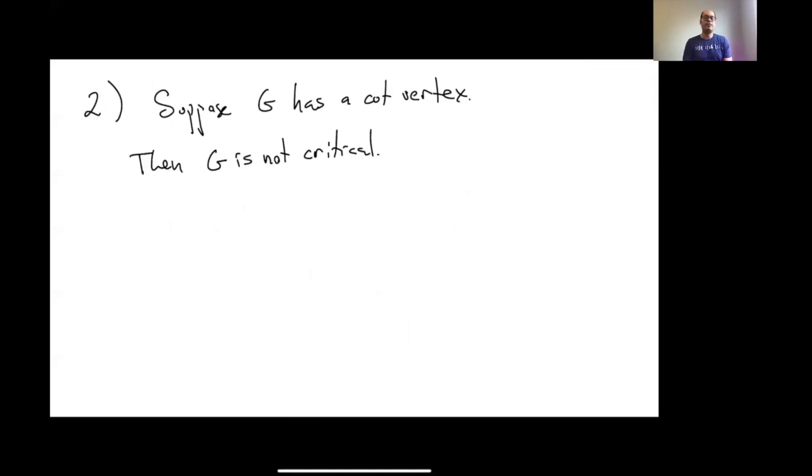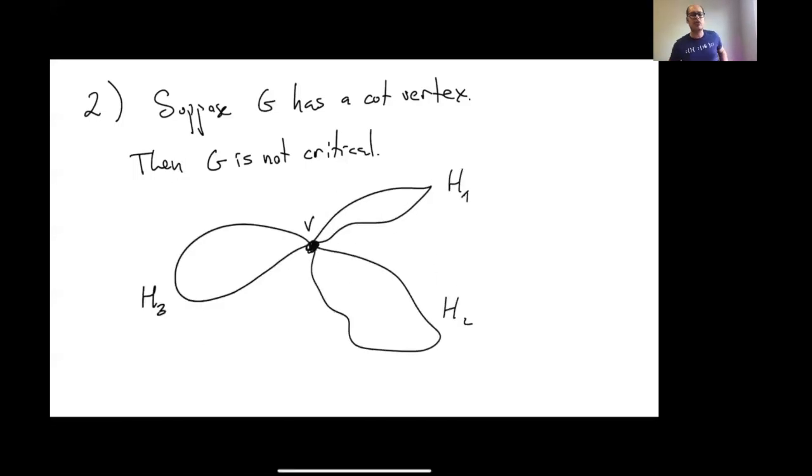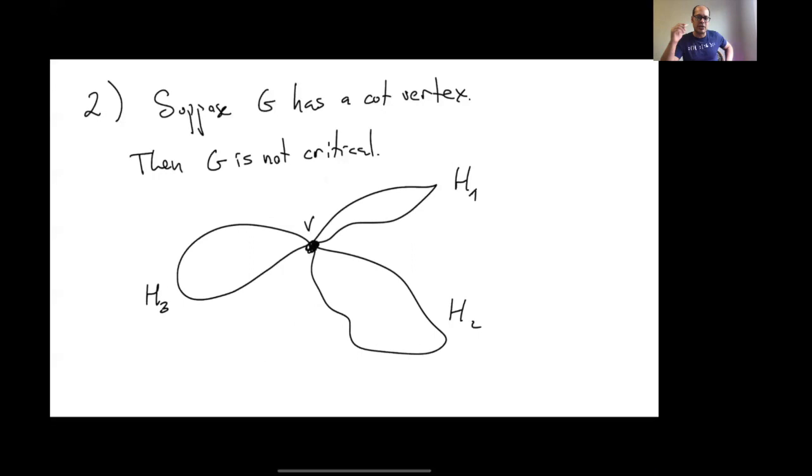How about number 2? We would like to show that if you have a graph which has a cut vertex, then it's not critical. In other words, if you are critical, you can't have a cut vertex, so you must be a block. Suppose you have a cut vertex. Why are you not critical? Let's imagine such a graph like this. Just visually, if you remove V, then we have these 3 components.